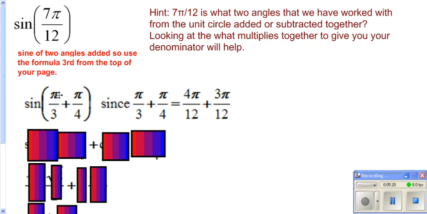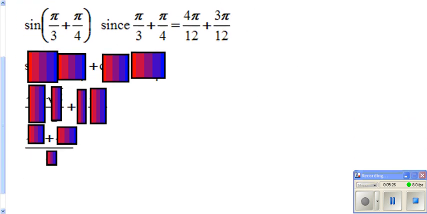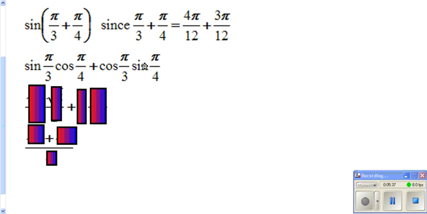So to work out the sine of 7 pi over 12, we're going to use the sine of a third of pi plus a fourth of pi. Then we'll go back and use one of those formulas. So we'll take the sine of the first angle, cosine of the second angle, plus cosine of the first angle, sine of the second angle.